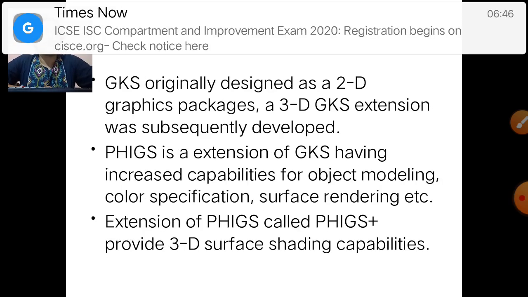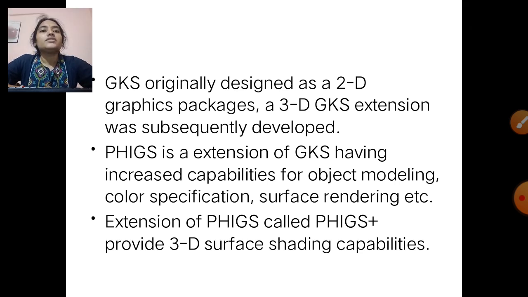GKS. GKS means what? Graphics Kernel System. GKS was originally designed as a 2D graphics package, and a 3D extension was subsequently developed. PHIGS is an extension of GKS, having increased capability for object modeling, color specification, and surface rendering.